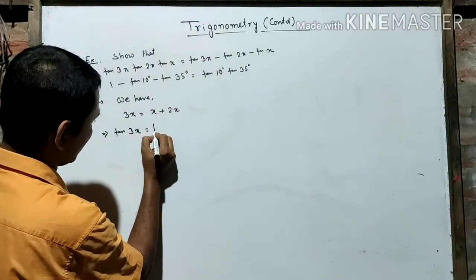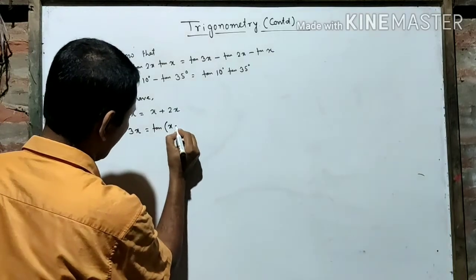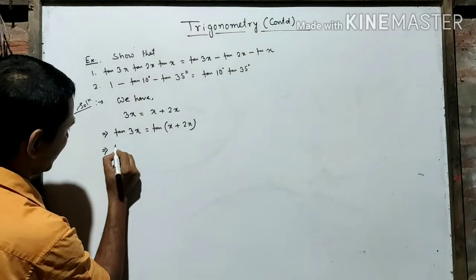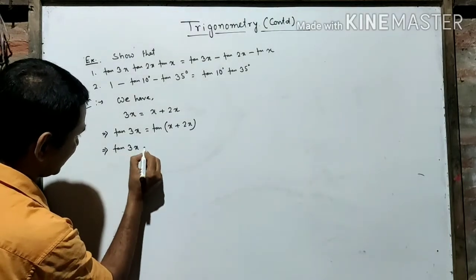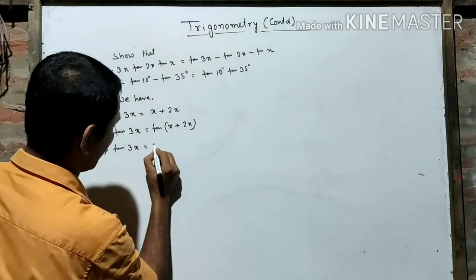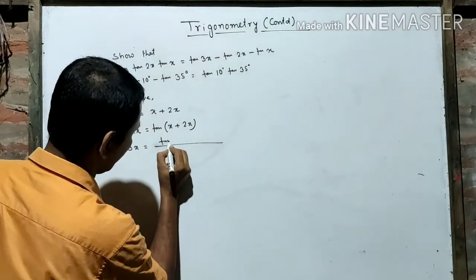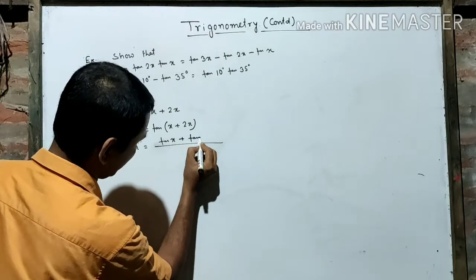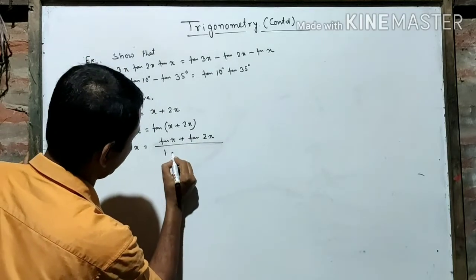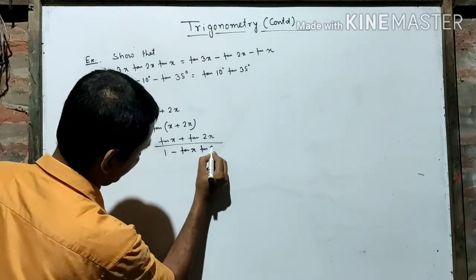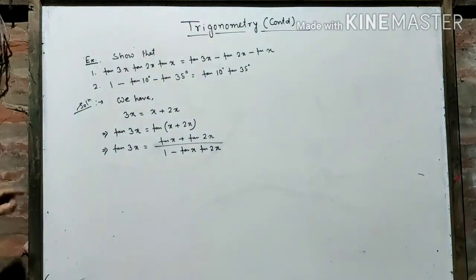Tan thrice x equal to tan of x plus twice x. This implies tan thrice x equal to tan a plus b. So what is tan a plus b? Tan a plus tan b divided by 1 minus tan a into tan b. Now cross multiply.